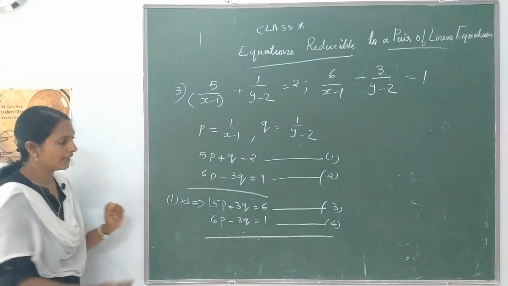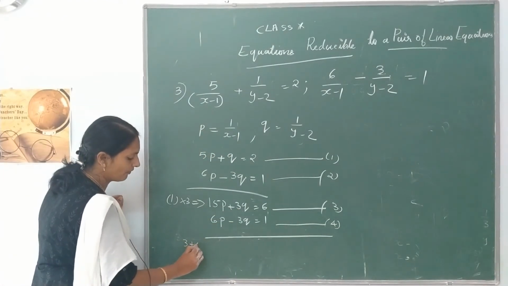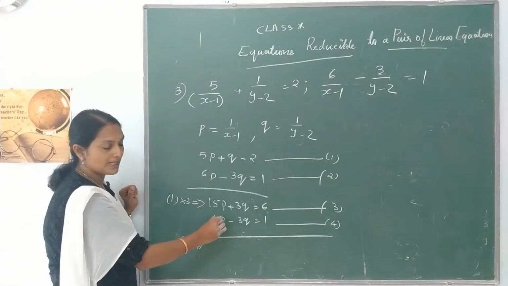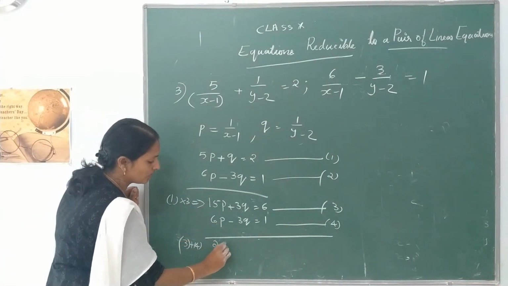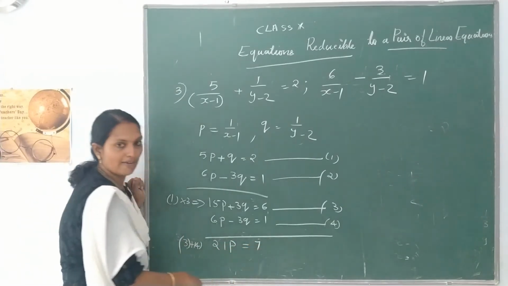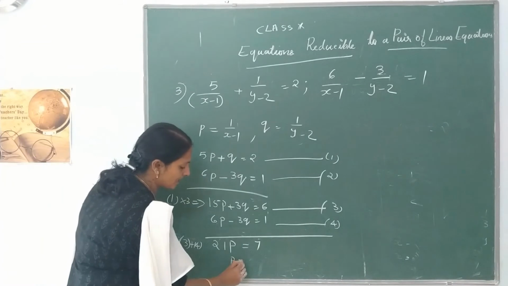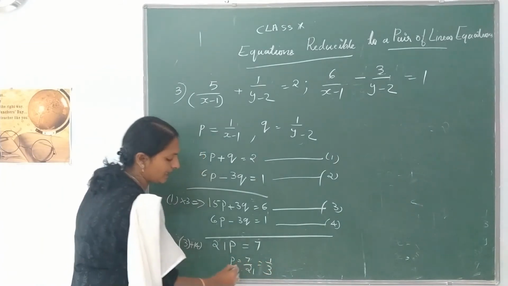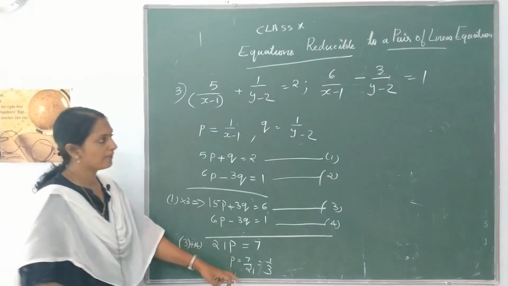Then adding 3 plus 4, that is equal to 15p plus 6p, that is equal to 21p is equal to 7. That is p is equal to 7 by 21, that is equal to 1 by 3. Therefore, p is equal to 1 by 3.